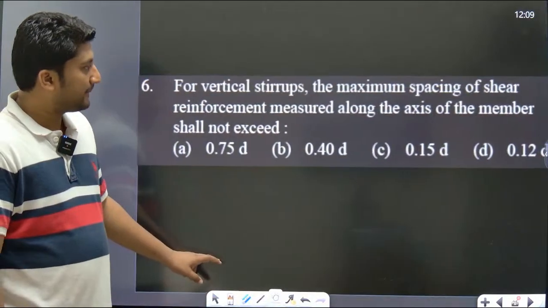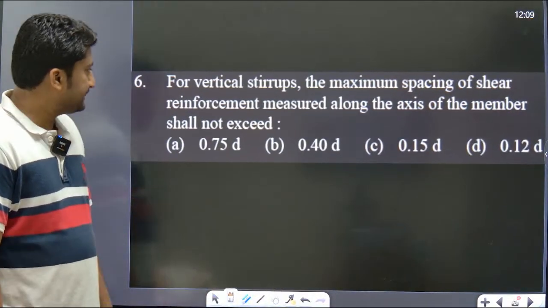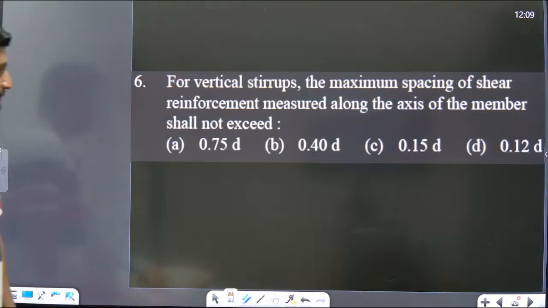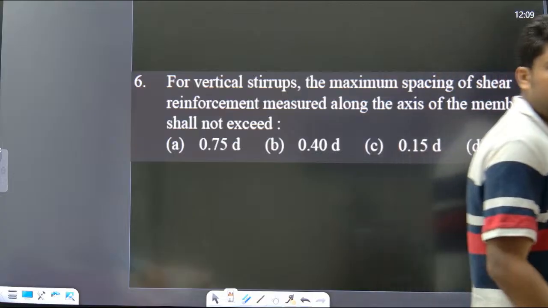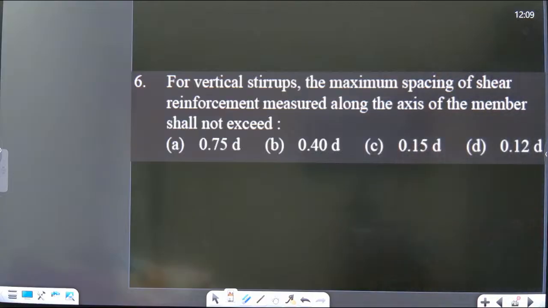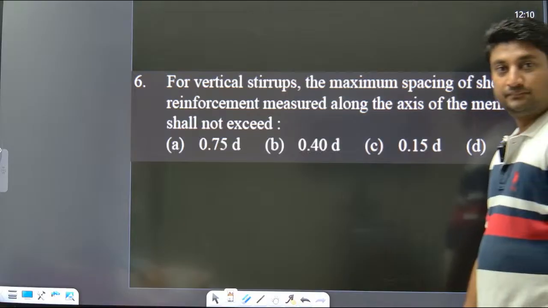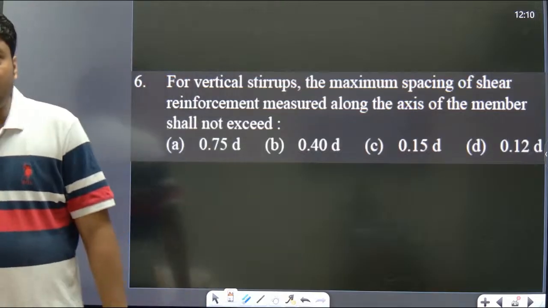Answer this question. Very good. The correct answer is option A. Option A is the correct answer.